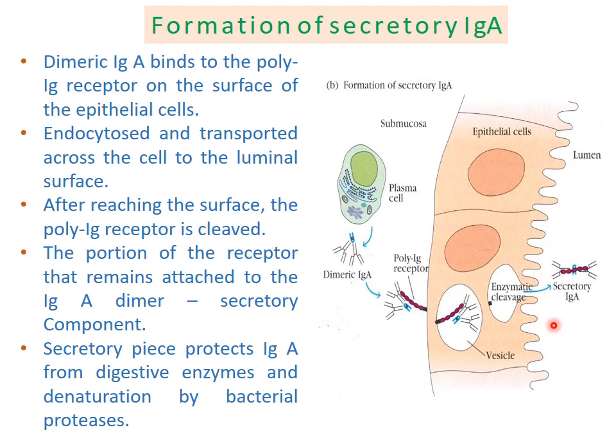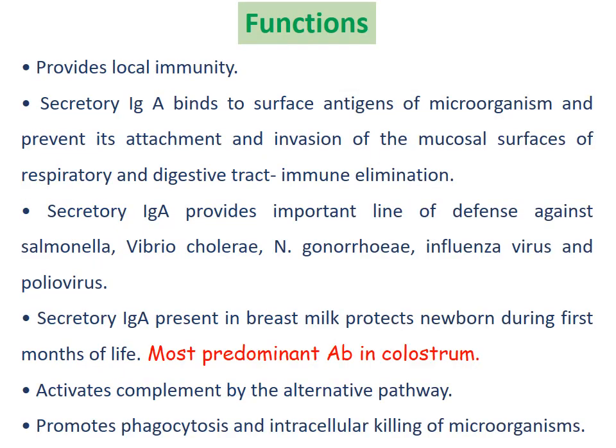So what is the function or role of the secretory piece? The secretory component helps protect the IgA from digestive enzymes and denaturation by bacterial proteases. Now, what are the functions of IgA? It provides local immunity, and one important function of IgA is immune elimination.